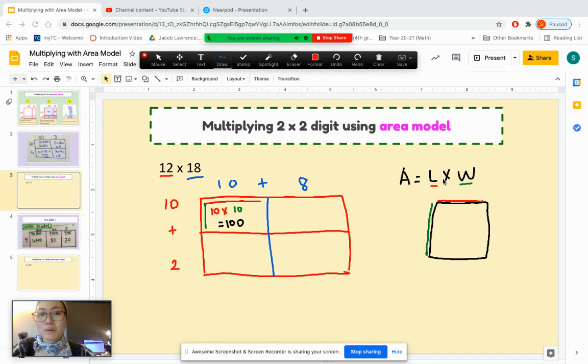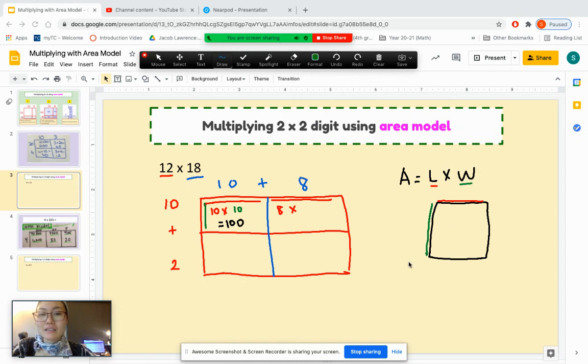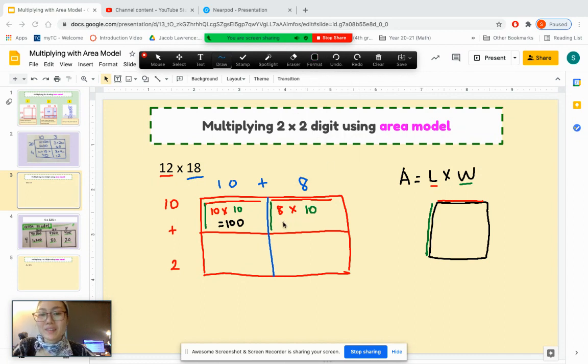Let's see. Once again, length is how long the shape is. It is 8 in this case, 8 times. And my side didn't change. My width is still 10. What is 8 times 10? Yep, you're right.